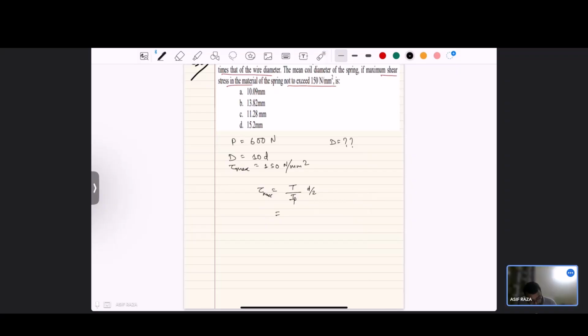This would be equal to P into T by 2, polar moment of inertia is pi d 4 by 32, into d by 2.